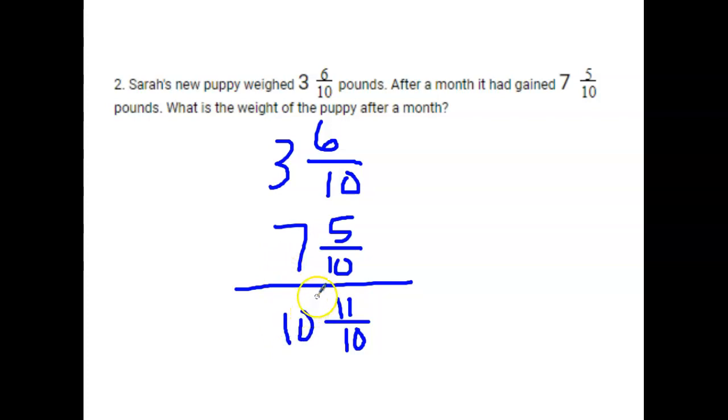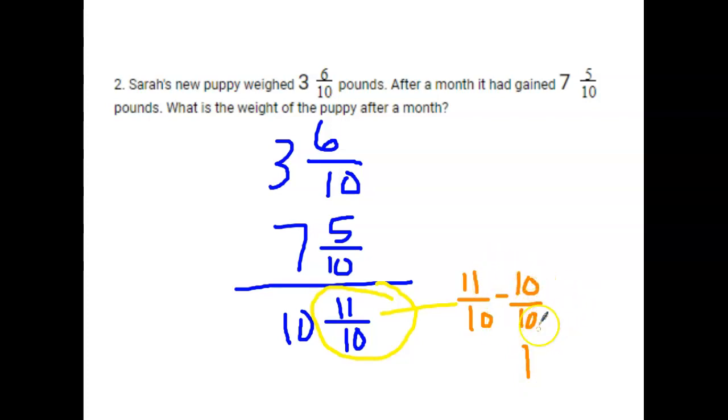So now I need to figure out what? Good, this improper fraction. So I need to figure out, all right, what is that mixed number? So I have 11/10. What do I have to take out first? Great, let's take out 10/10. And I'm going to bring my one whole down, and then I do what next?